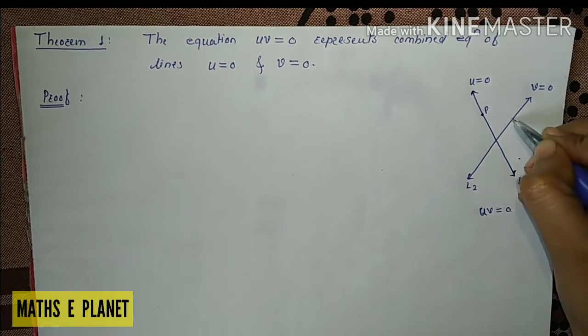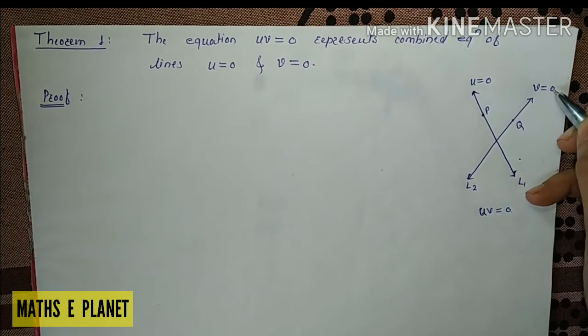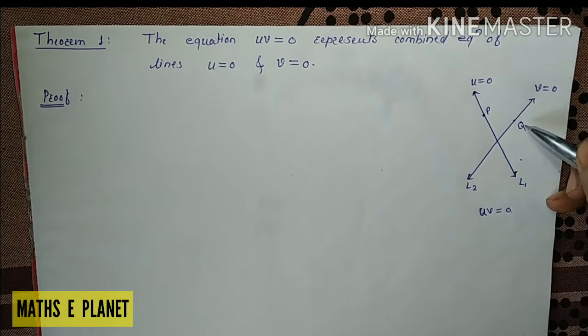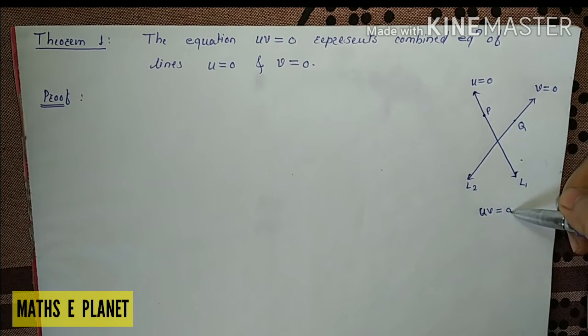If we take another point q on line v is equal to 0, then also we can say that this point lies on u into v is equal to 0.